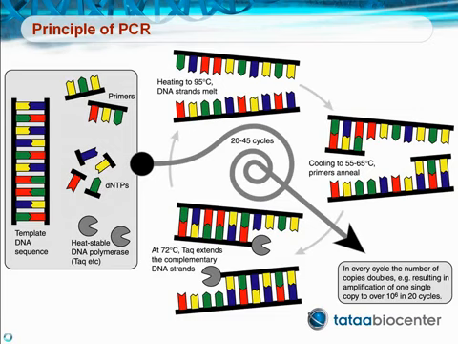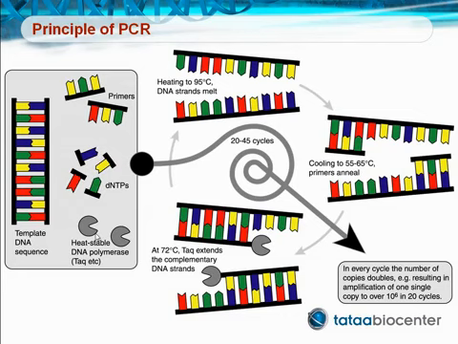Primers are synthetic oligonucleotides that are complementary to proximal regions in opposite strands of the double-stranded targeted DNA. Also added are nucleotide triphosphates and heat-stable DNA polymerase. Most common is the Taq polymerase from Thermus aquaticus.